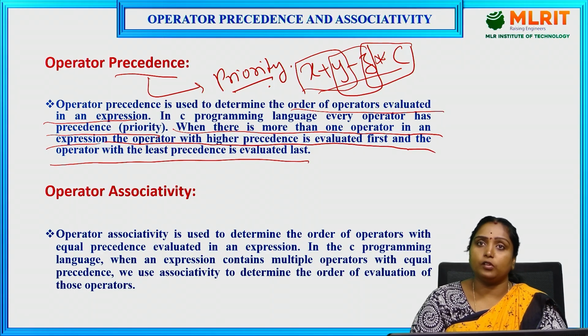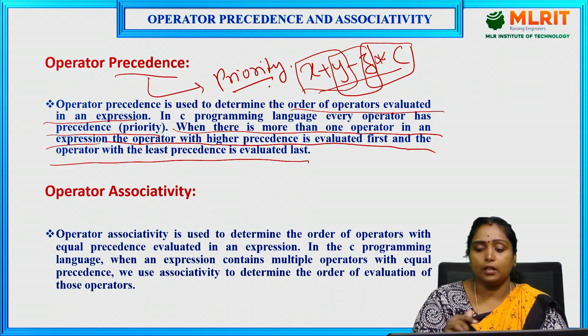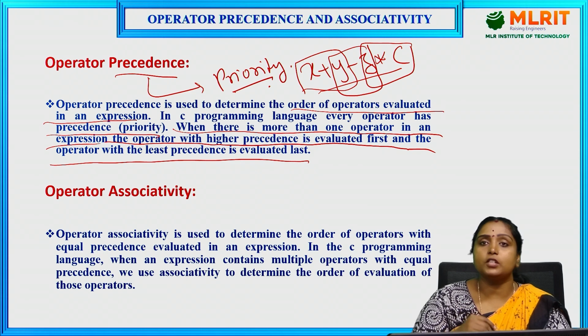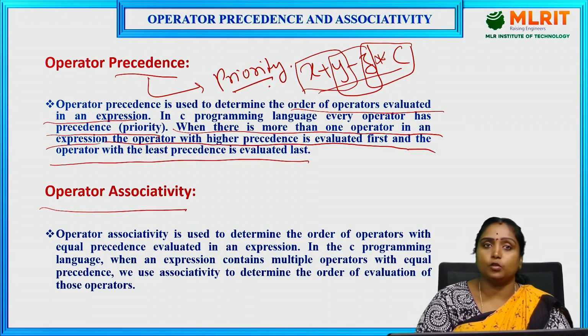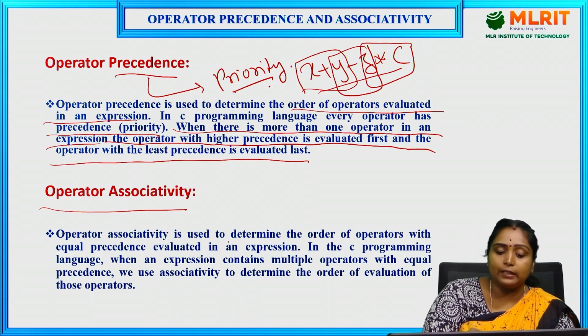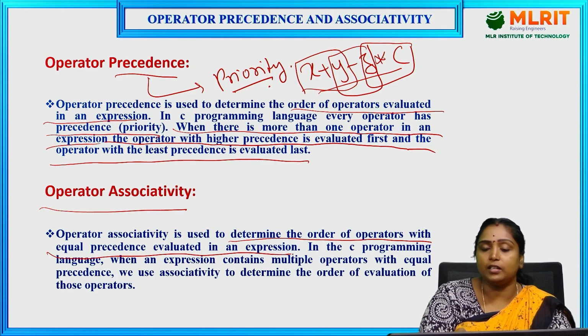Coming to the associativity. For example, if two operators of the same priority have come, then which operator has to be evaluated first? In order to solve that problem, we will use the operator associativity. Associativity is used to determine the order of operators with equal precedence evaluated in the expression.